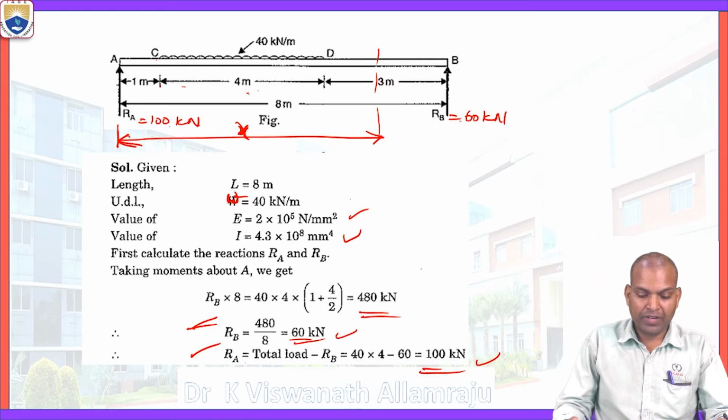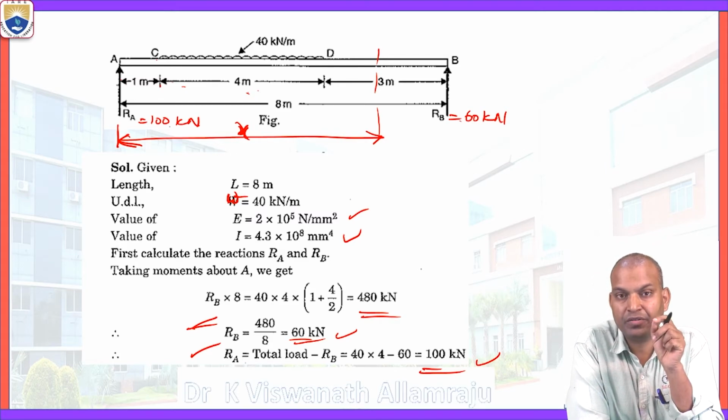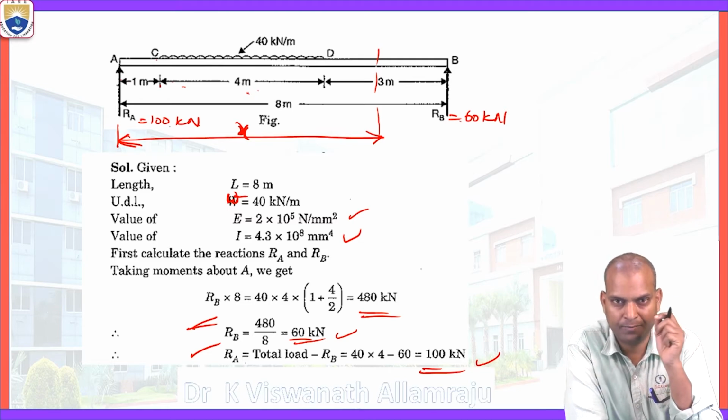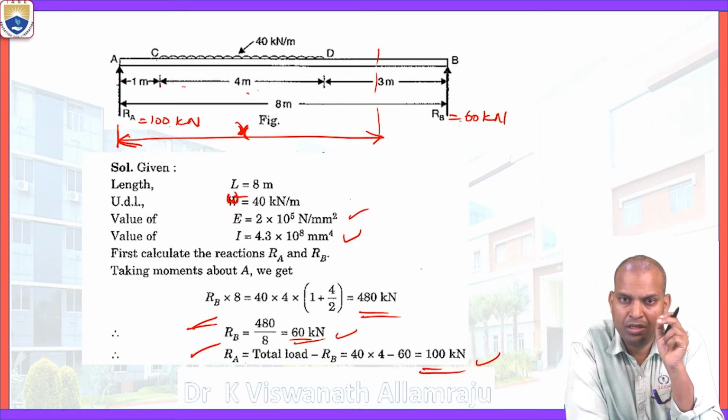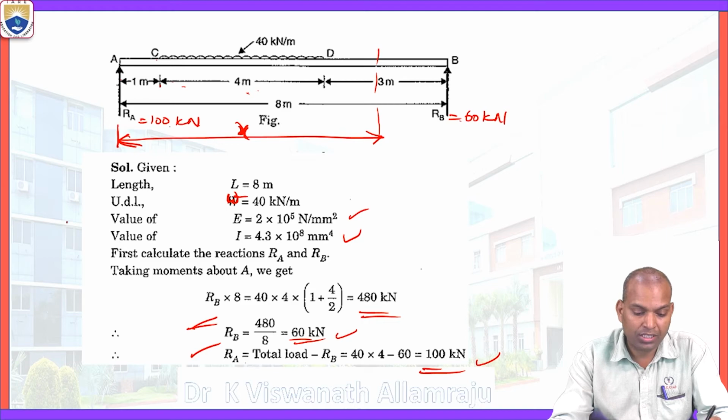You equate that bending moment equation to EI times d square y by dx square. If you integrate once, you get the slope equation, and integrating the slope equation again, the deflection equation can be obtained. In the deflection equation there are two constants of integration, which are to be calculated by using two boundary conditions. Let us begin.